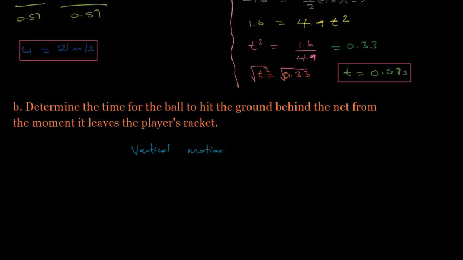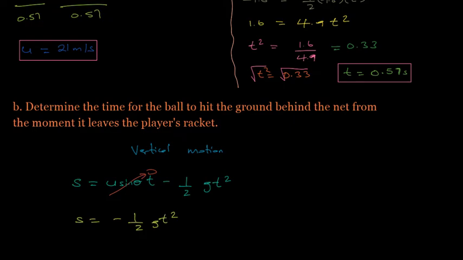for our vertical motion, we can write that s is equal to u sine theta t minus a half g t squared. And again, in the vertical, our initial velocity is 0. So this value would actually go to 0. So we're going to have s is equal to minus a half g t squared.